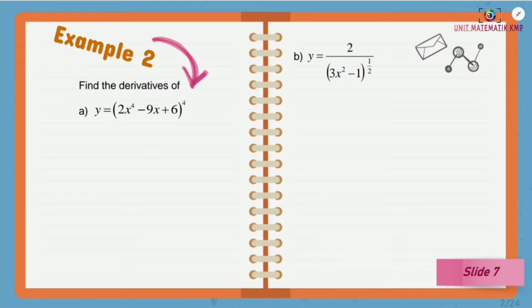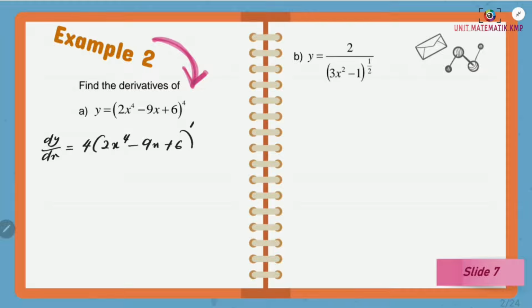For example 2, given y equal to (2x to the power 4 minus 9x plus 6) to the power of 4. To solve this question by using the general power rule, you write dy/dx equal to the power is 4. So 4 times (2x to the power 4 minus 9x plus 6).